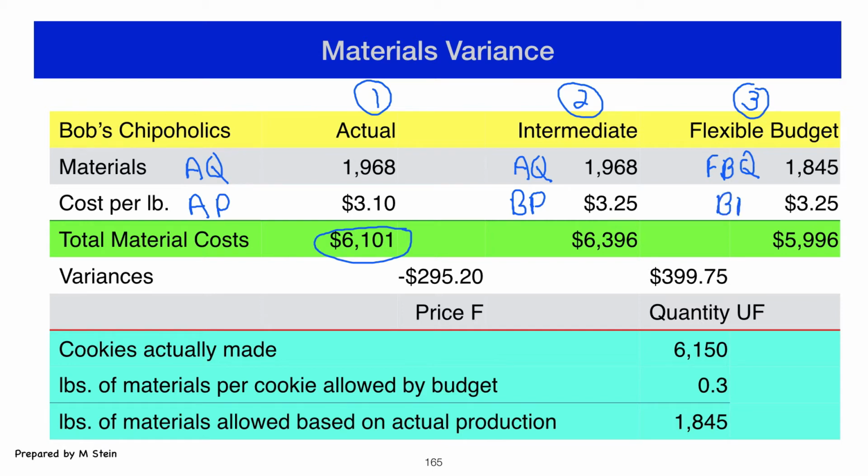To calculate the price variance, we take column 1 minus column 2. This is the same calculation as I showed on an earlier slide, because if you think about it, the quantities are the same between columns 1 and 2, so that's the actual quantity, and the delta is the difference between the actual price and the budgeted price.